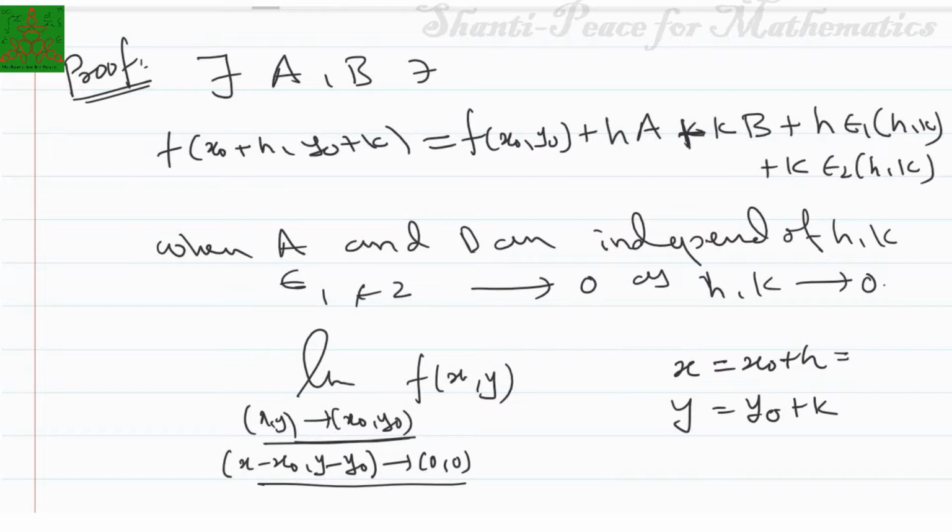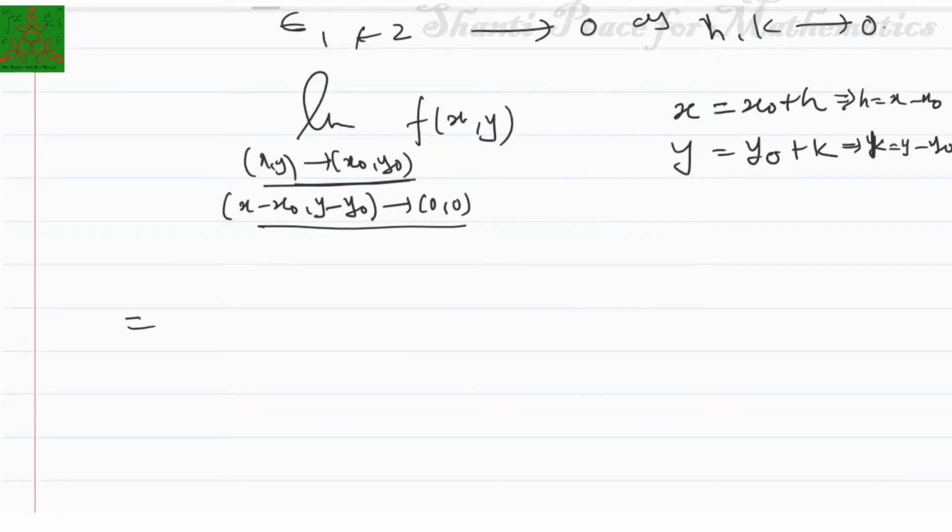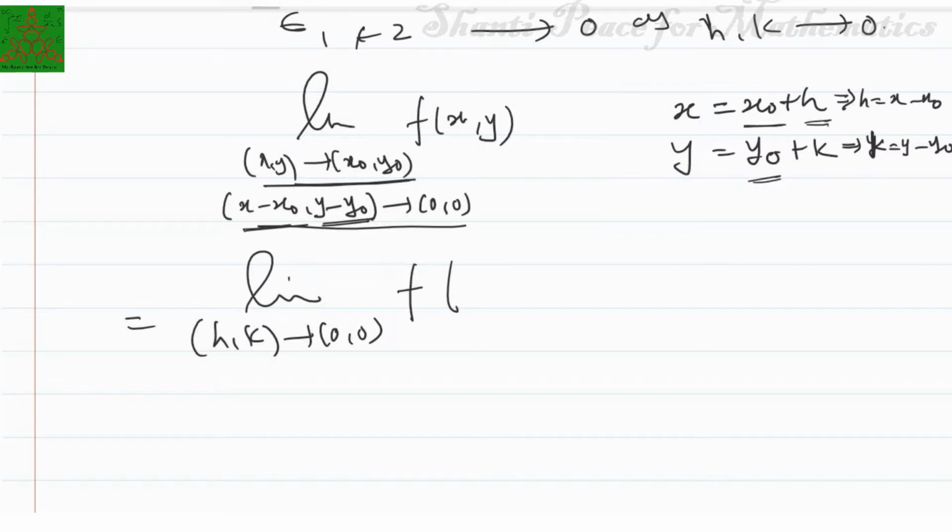Now h is equal to x minus x0 and k is equal to y minus y0. So this limit will be the limit as hk tends to 0 0 of f of x0 plus h, y0 plus k, instead of xy.